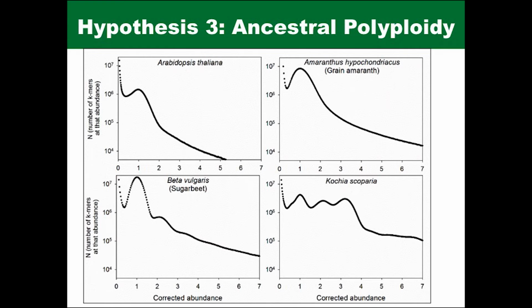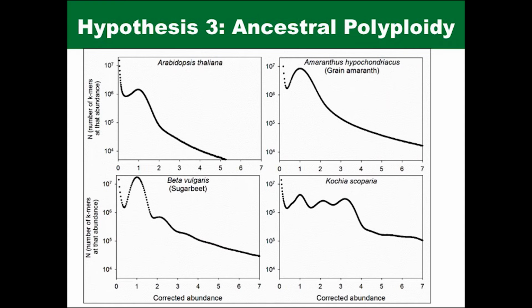If you do the same kind of k-mer analysis on Arabidopsis data, so well behaved, just a nice little peak, and then it drops off. The grain amaranth genome data have been released. And what you see here is that, again, you have a nice peak, and it's basically tailing off. But very interesting in sugar beet that we do see a similar pattern of this major peak, but then a couple of more minor peaks.